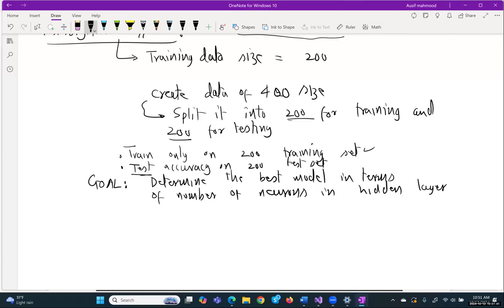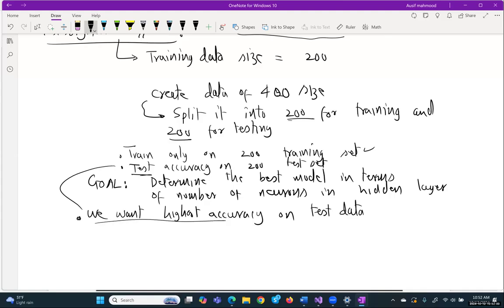Because remember, we want the highest accuracy on the test data. This is always our goal. Highest accuracy. It doesn't matter how accurate you are on the training data, nobody cares. The unknown data, how does your model perform on the unknown data?